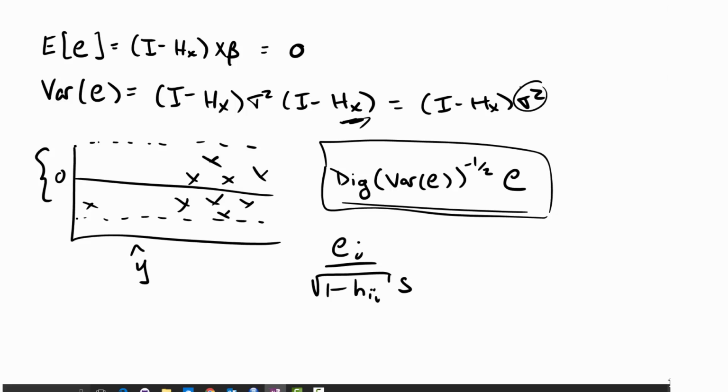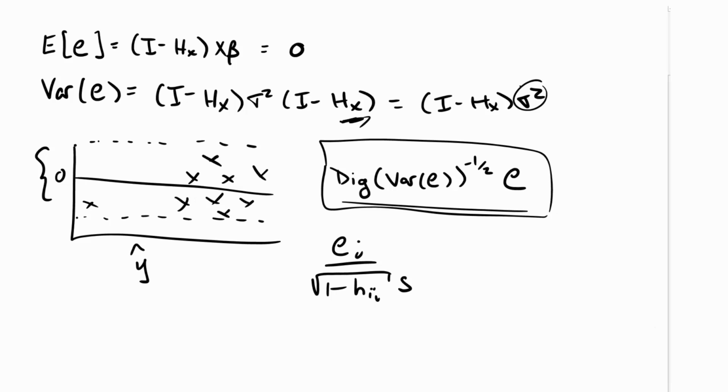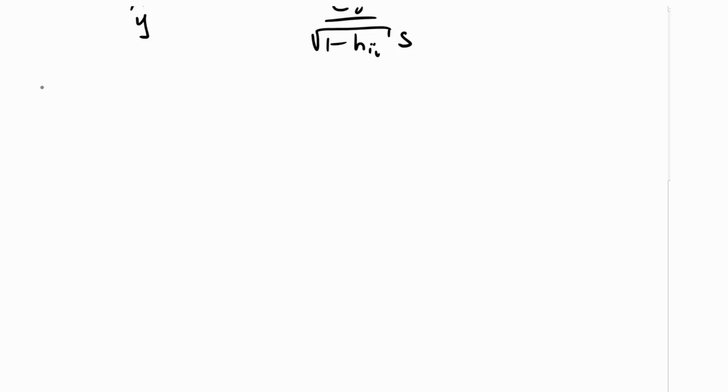Another little comment that we might need later on is, because the variance of e is equal to I minus h of x times sigma squared, we know that it has to be greater than or equal to 0. So any element of the diagonal of this matrix has to be greater than or equal to 0.